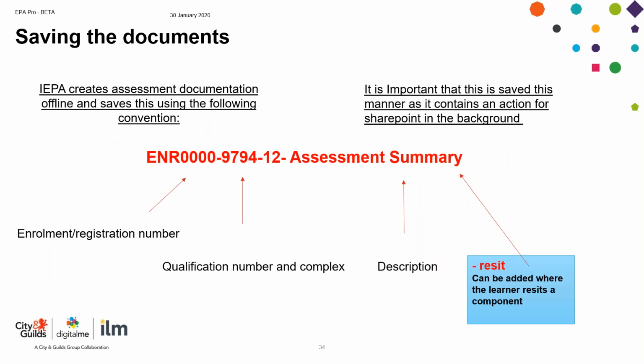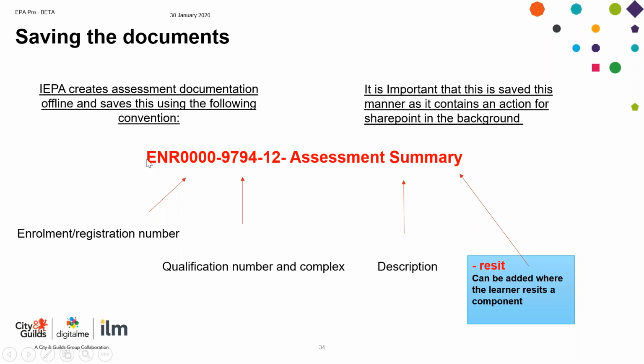Right, okay, so in terms of the file, I talked about a file naming convention. This is information that will need to go to the IEPA. Whenever the IEPA creates a document that they want to save in SharePoint, whether it's a feedback form, assessor forms, or the go-to meeting link, they will need to save that document on their local PC with a very specific file naming convention.